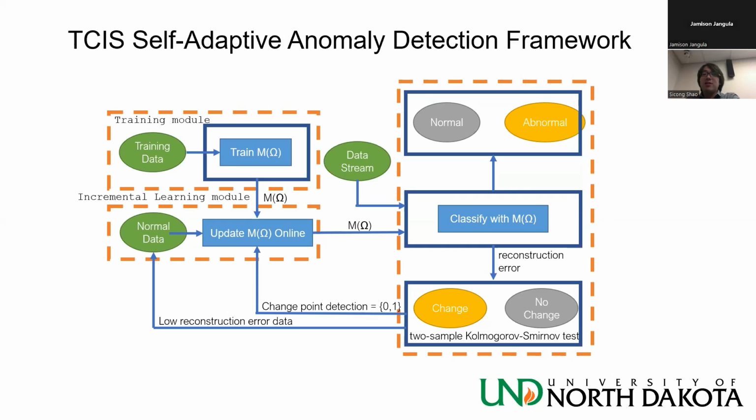So in this project, we design an approach that uses the concept drift detector to run together with the LSTM autoencoder. Then we will incrementally update the autoencoder whenever the drift is detected.